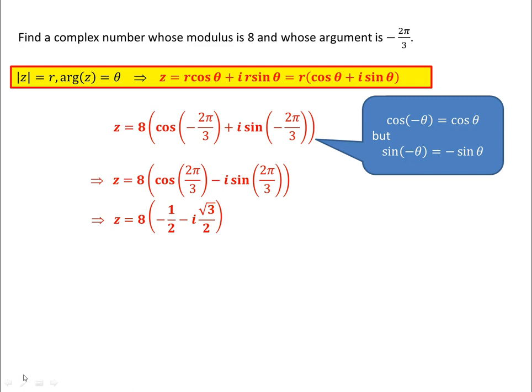In other words, z is minus 4 minus 4 root 3i. So if we know the modulus and argument of a complex number, it is fairly straightforward to work out what the complex number is in its x plus iy format.